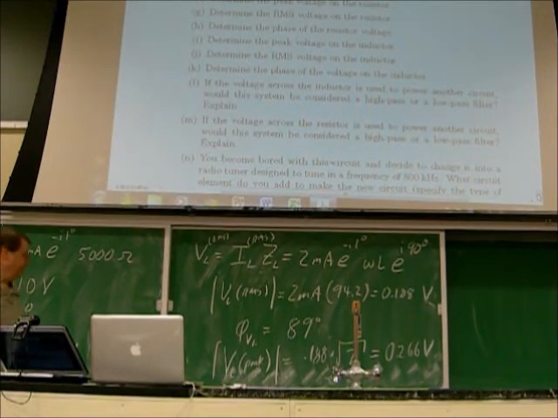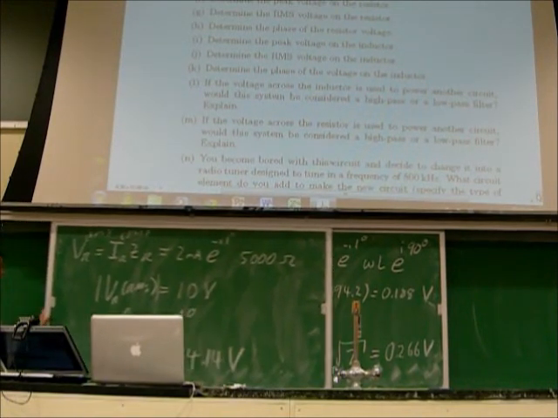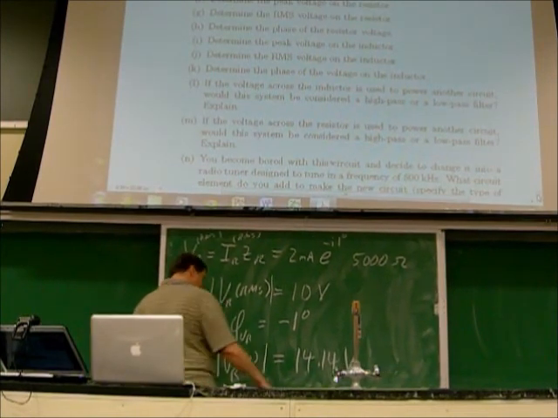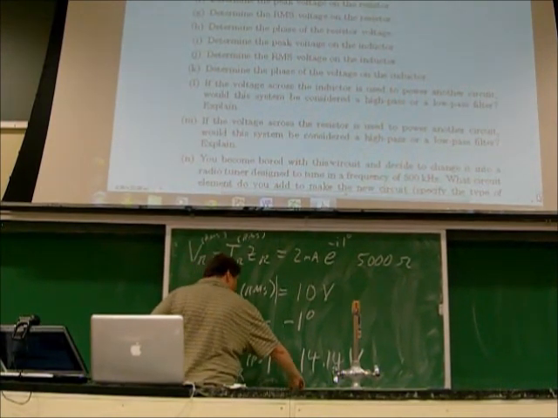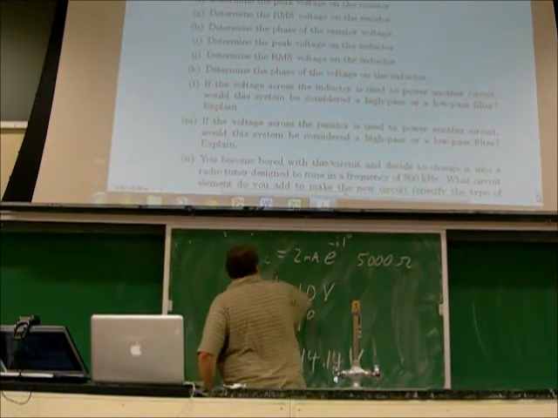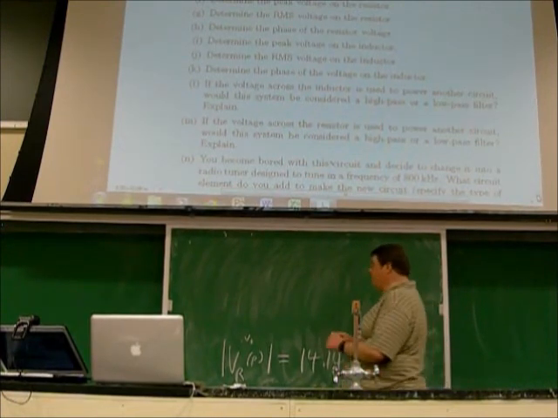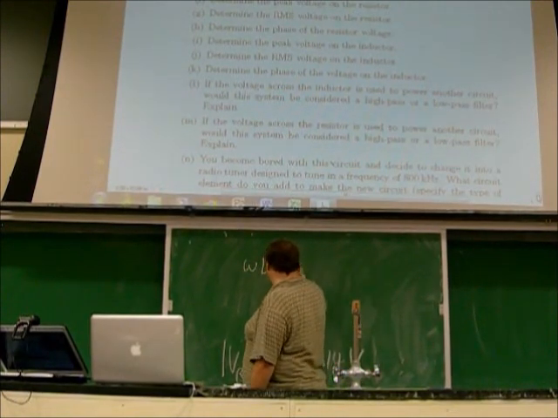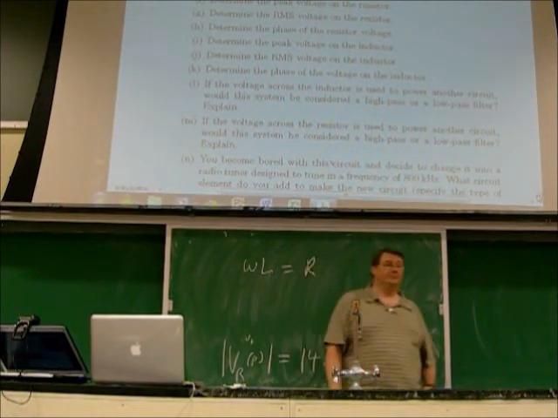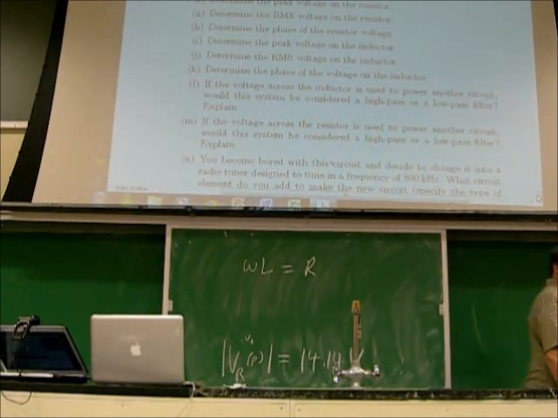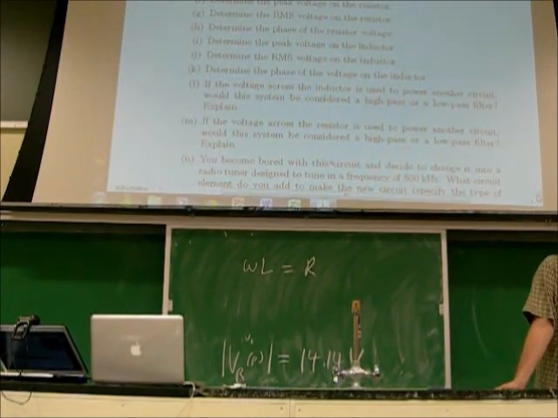Okay? There exists a frequency such that omega L would be the same as R. That's the frequency that defines the boundary between high pass and low pass, because this is the 50-50 point.